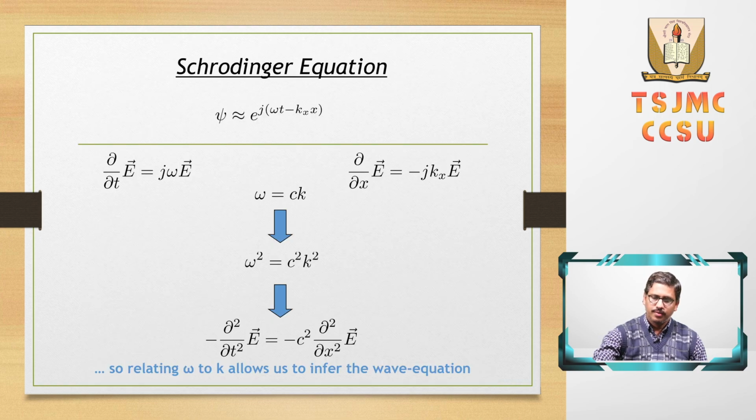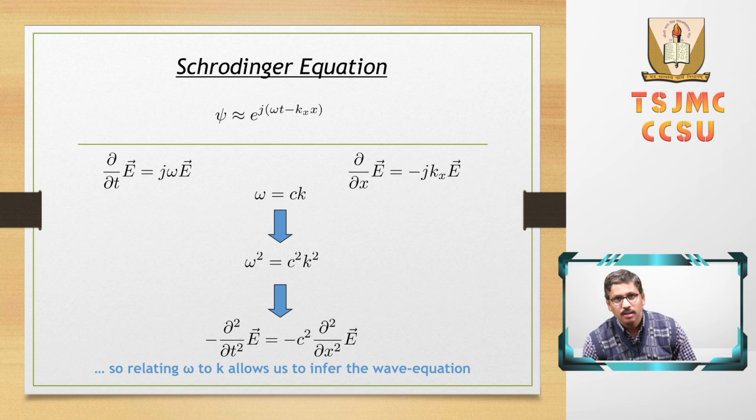So now we are at a stage where we can describe the Schrodinger equation. As we know, any microscopic particle behaves like a wave, and from high school physics we know that a very simple mathematical description of a wave is the plane wave.